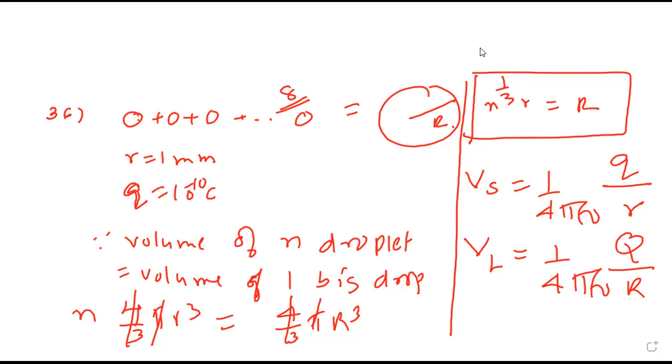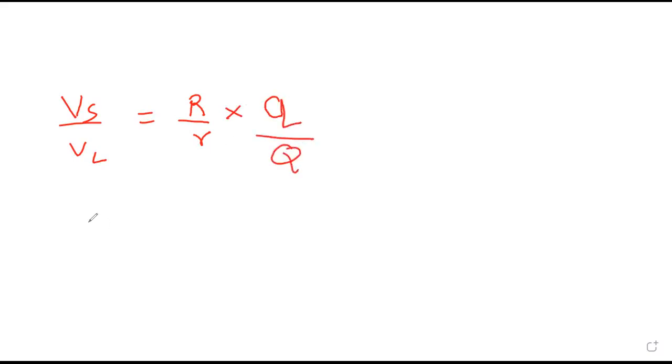Done, sir. Okay. So now the potential of small to large will be radius of large upon radius of small, because they are inversely proportional, into charge of the smaller one upon charge on the larger.